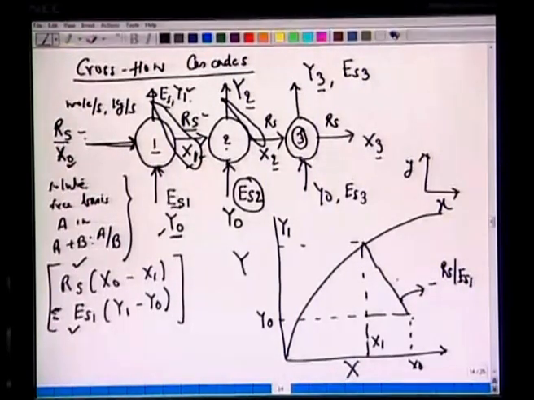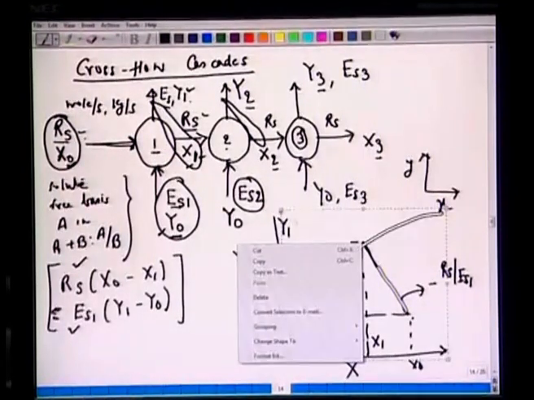Okay, let's see again here. There are two ways of drawing or plotting this. If the composition and specification of the feed Rs, x0, and the solvent Es and y0 are given, we can mark these two points. Okay, if we know the flow rates, we can draw the slope, and we can say that if they have spent enough time, or they are ideal stages or equilibrium stages, then this line will be the operating curve.